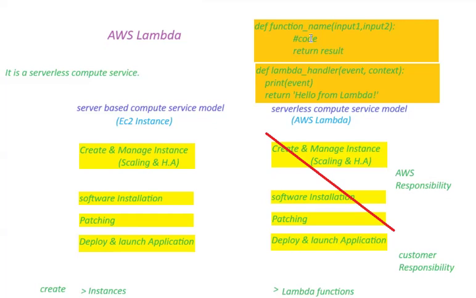While creating a Lambda function, you need to return the result. To run this, you need to specify how much memory you require, right?